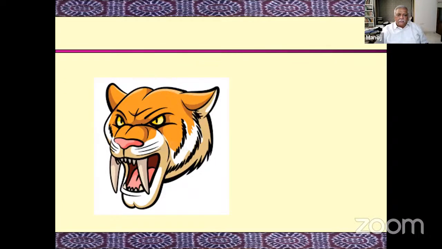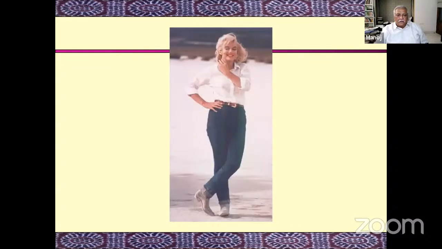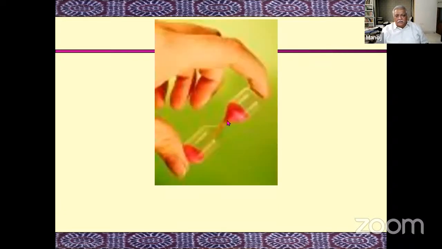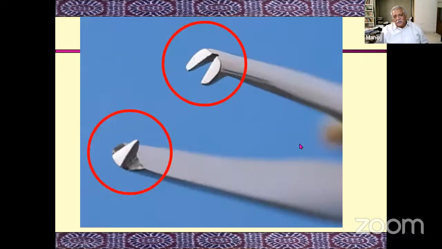See that? Its counterpart in modern day medicine. This is the lesion that the saber-toothed tiger caused. This is an hourglass deformity, and this is caused by the tooth forceps.